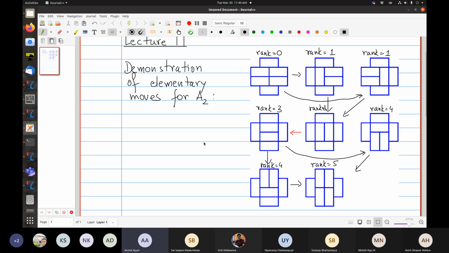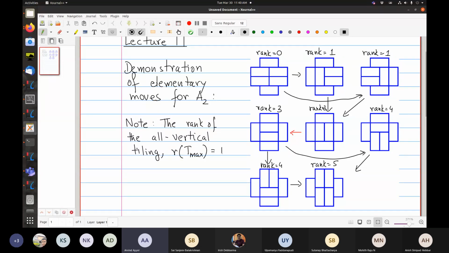Another thing to notice, and this is related to a homework problem that I'll give you: the rank of the all vertical tiling, using our notation, this is R of T max.